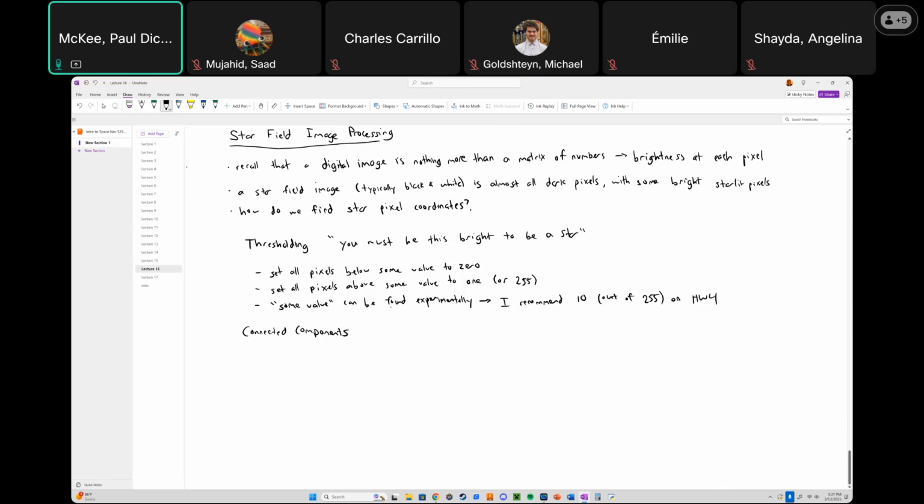And then after that, that kind of leads into computer vision and machine learning and all that. There's some really cool stuff you could do with images. But one of the most basic tricks in the book is connected components.